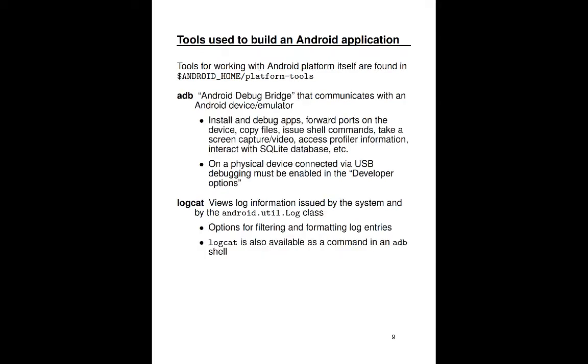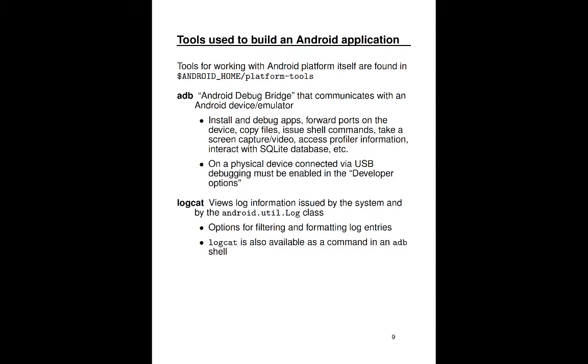So in addition to managing the Android SDK and building application code with the SDK, there's also a bunch of platform tools that manage the platform itself. A very important one is ADB, or the Android Debug Bridge.